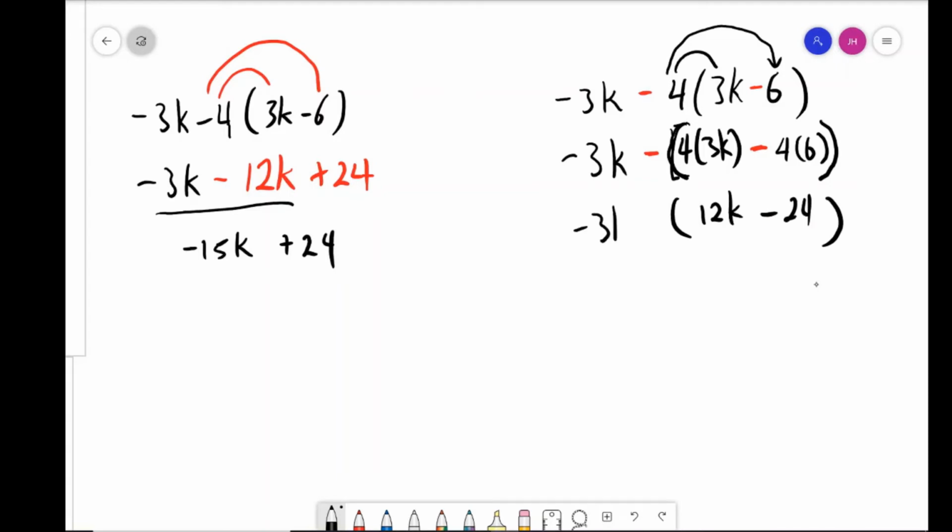Negative 3k minus. When I minus a parentheses, what I should do is that it is negative 3k minus 12k, and then after minus negative 24, it will become a plus 24.